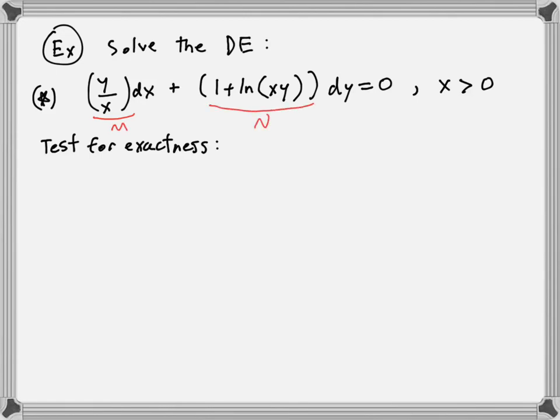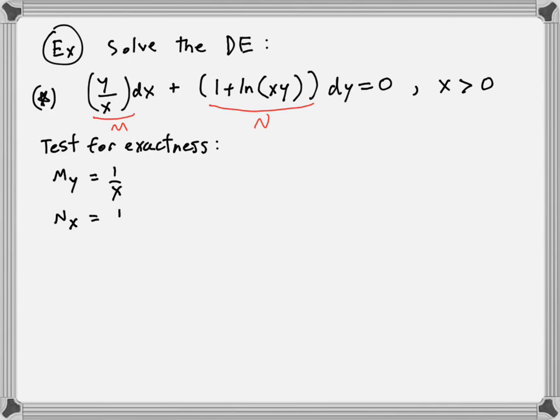So we're going to take the partial of M with respect to y. Remember, this means treat x like a constant. That's just 1 over x, right? And what is the partial of N with respect to x? Well, the 1 goes away, and we need to use the chain rule to differentiate ln of xy.